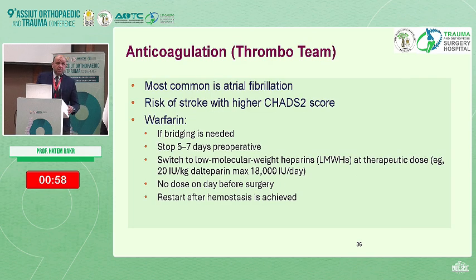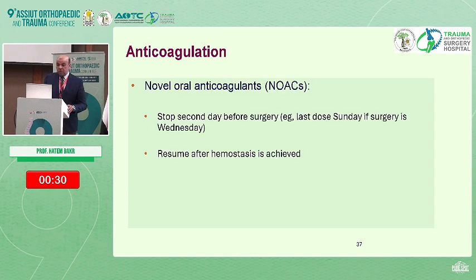Anticoagulation, the thrombo team, you should have a thrombo team with you, with the vascular surgeon and the hematologist, and this will be covered by Professor Muhammad Mahran and Dr. Maha in the second session. We should be alert about that. You shouldn't set the doses for the patient who is on anticoagulants by yourself. It's according to the BMI, and you should consult the thrombo team with the hematologist and vascular surgeons.